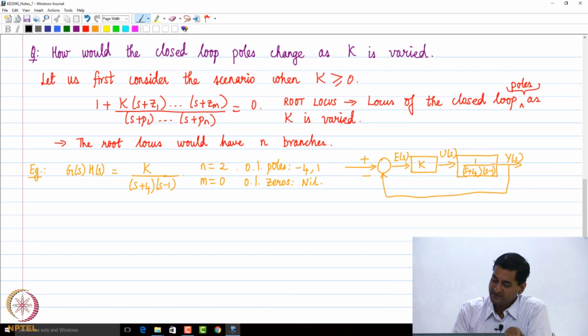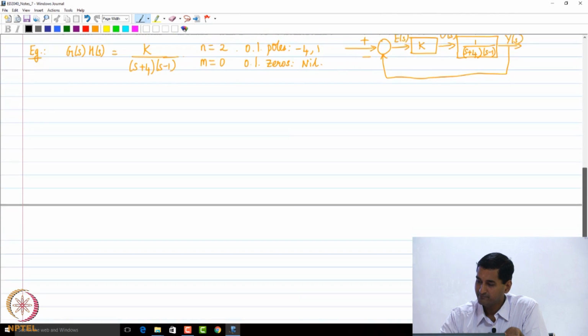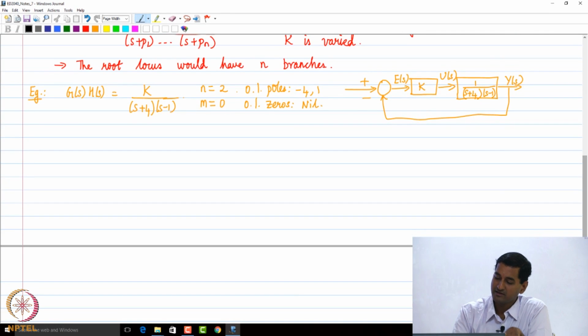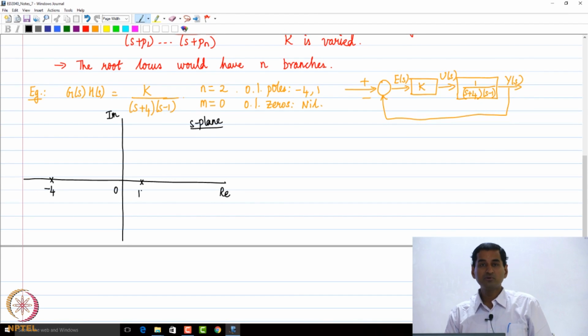Now let us construct the s plane, or the complex plane: the real axis, the imaginary axis, and the origin. In this example, I mark the two open loop poles at -4 and +1. There are no open loop zeros here.